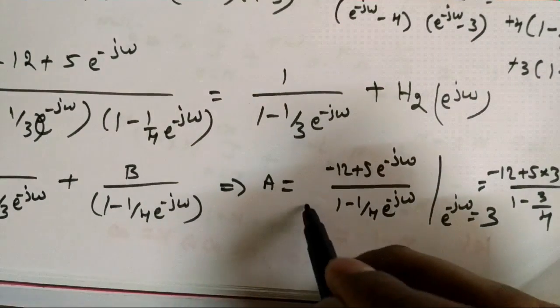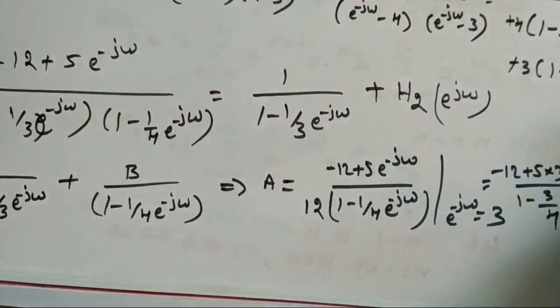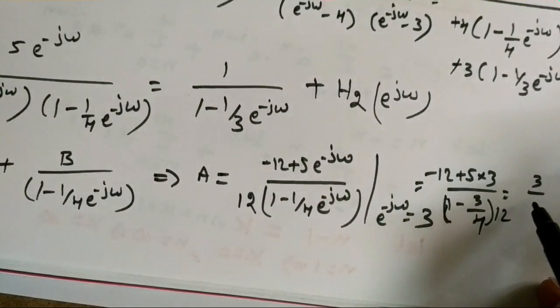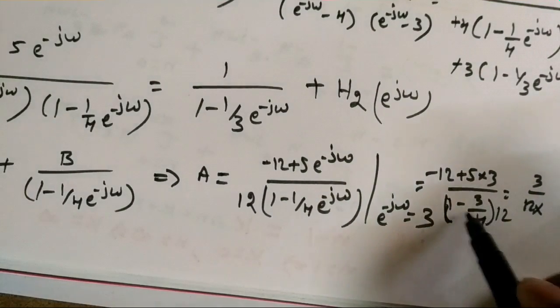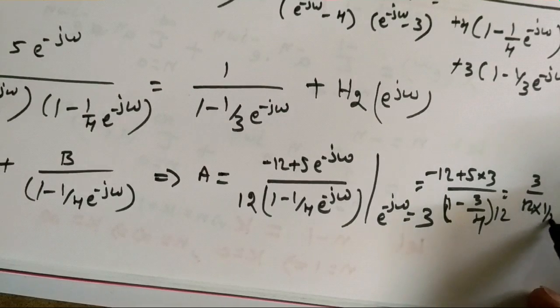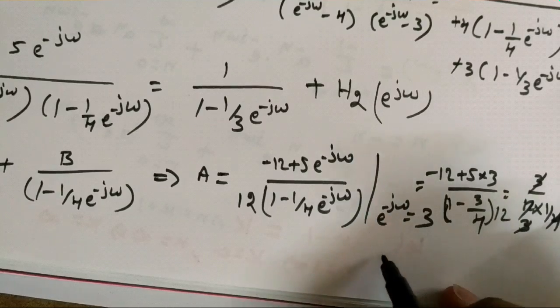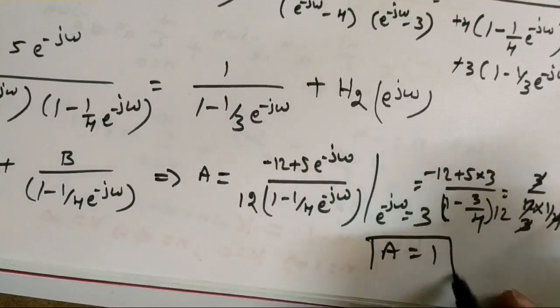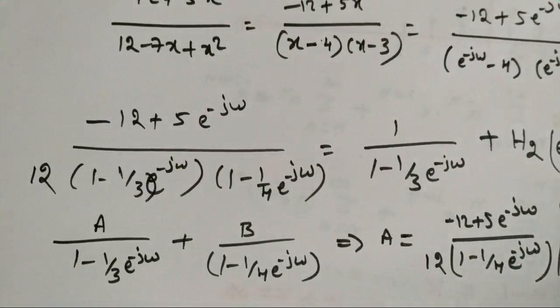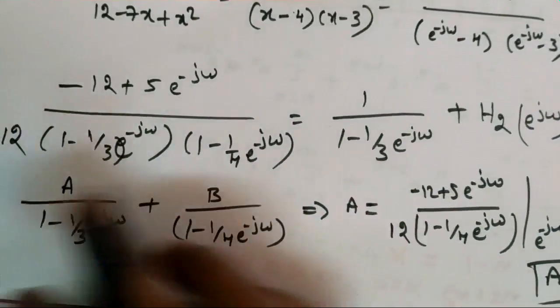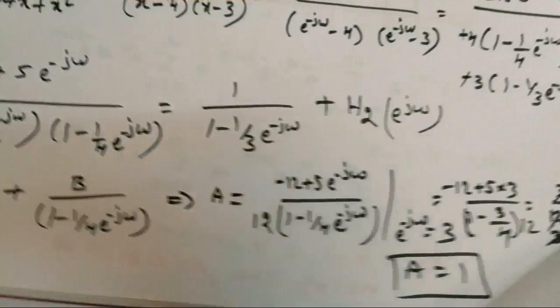So it will become 12 also into 1 minus 3 by 4, so it's 1 by 4. So 4 3s, 3 3s. So what is this? A is equal to simply 1, right? Here I forgot to write 12 because we are having 4 into 3, 12, right? So that's why we'll get A is equal to 1.